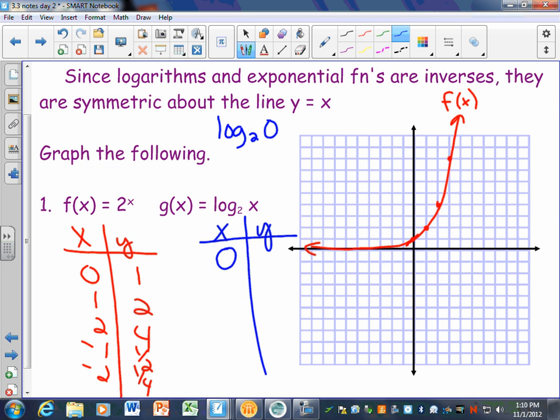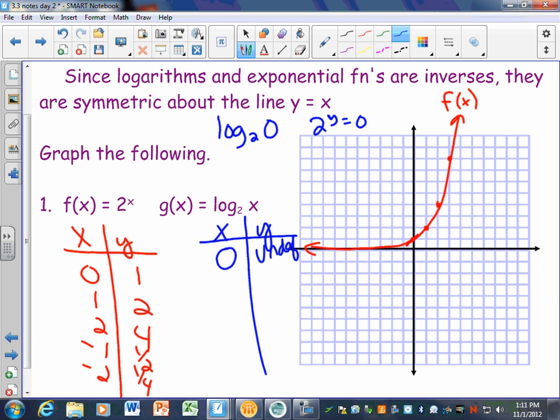Using our definition, what is that saying? 2 to the what equals 0? What number makes that true? Nothing. There is no number that you can ever pick that makes that true, which means, unlike an exponential problem, we're going to be restricted on what we can pick for x. Exponential, you can pick whatever you want.